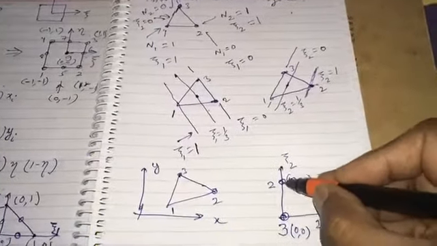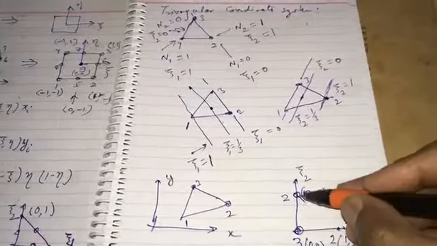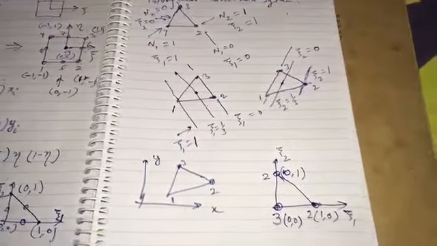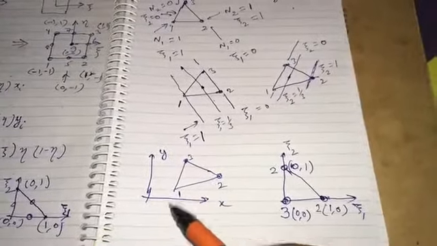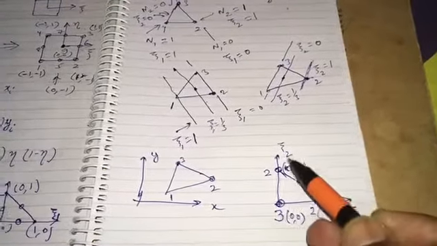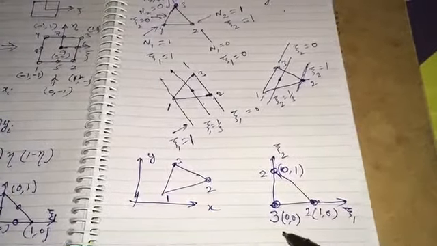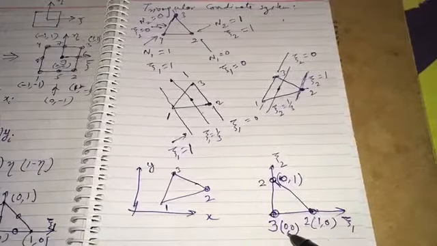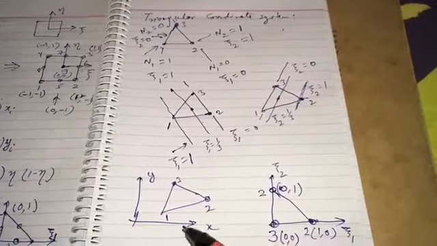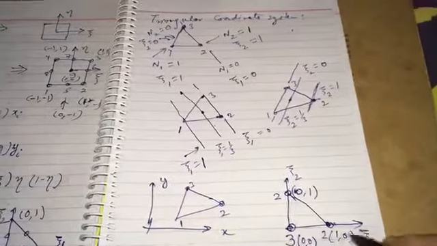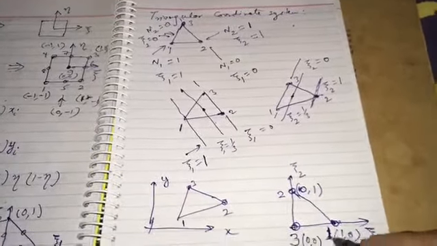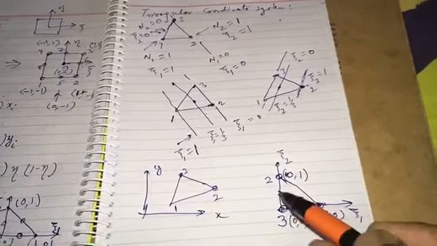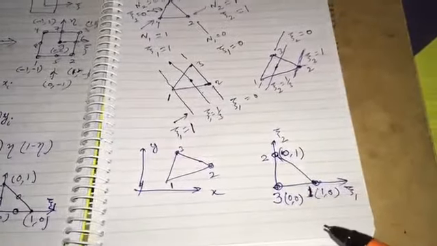So the transformed triangle is this one. From the xy system we have transformed to the xi1 xi2 system, where the origin becomes point 3 at 0 0, and point 1 becomes 1 0, point 2 becomes 0 1.